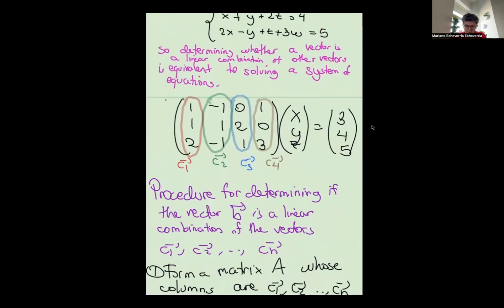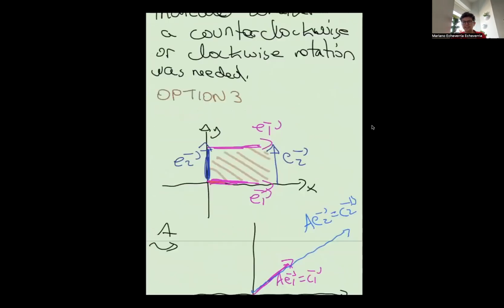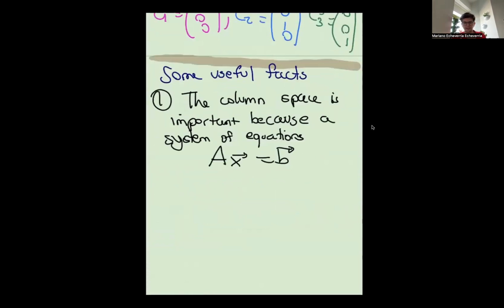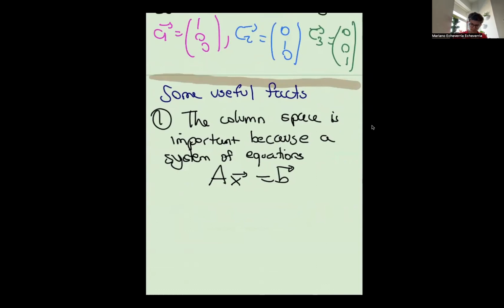Okay, so that's the reason why the column space is important, because it's a more elegant way of saying this interpretation of linear combination.